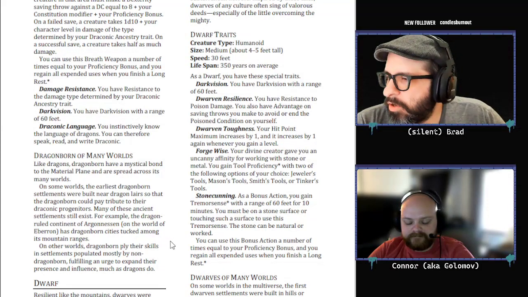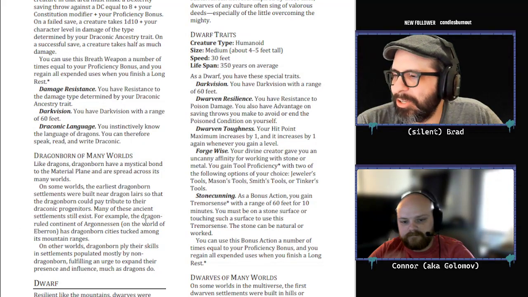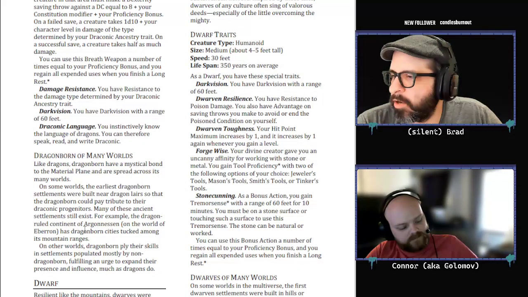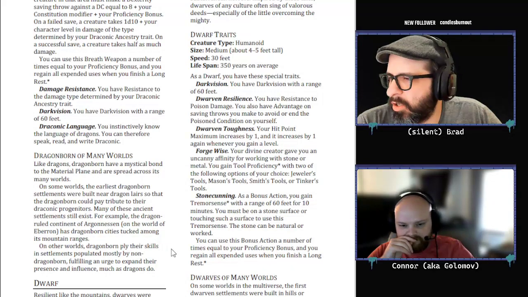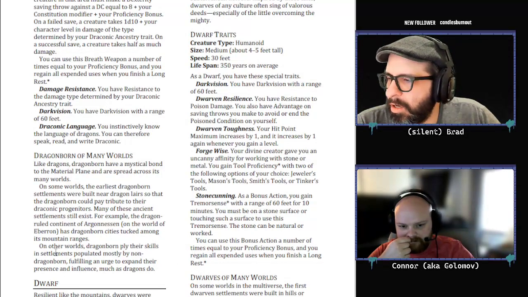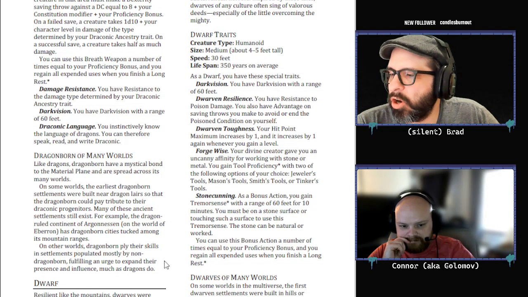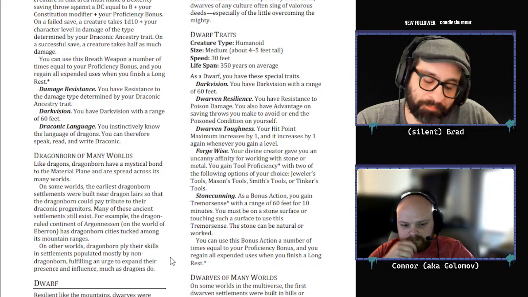On some worlds, the earliest Dragonborn settlements were built near dragon lairs so that the Dragonborn could pay tribute to their draconic progenitors. Many of these ancient settlements still exist. For example, the dragon-ruled continent of Argonessen on the world of Eberron has Dragonborn cities tucked among its mountain ranges. On other worlds, Dragonborn ply their skills in settlements populated mostly by non-Dragonborn, fulfilling an urge to expand their presence and influence, much as dragons do.